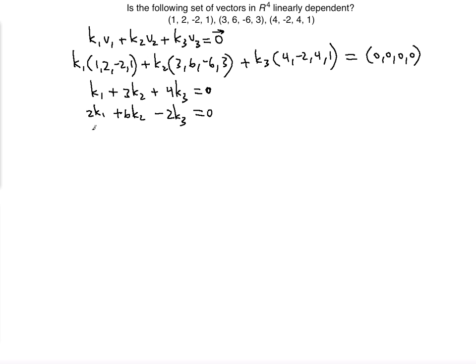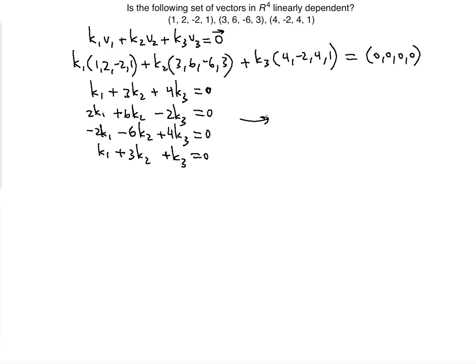The third component: negative 2k1 minus 6k2 plus 4k3 is equal to 0. And finally, the last component: k1 plus 3k2 plus k3 is equal to 0.